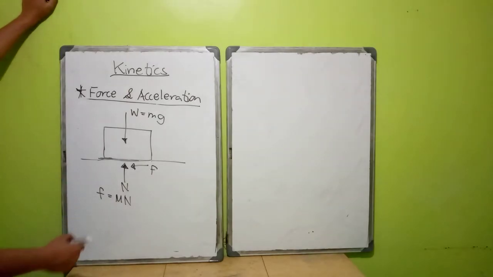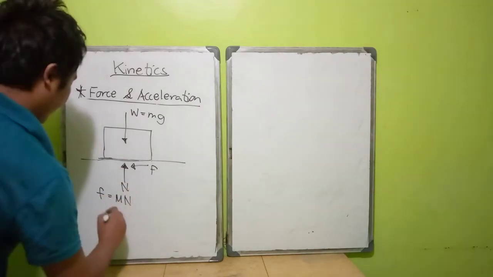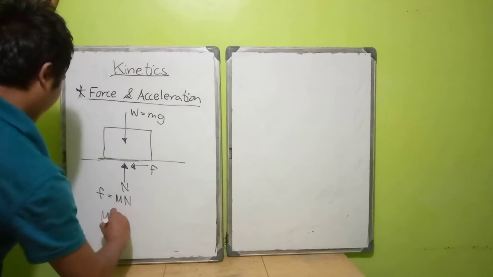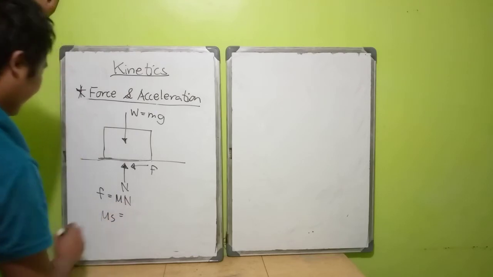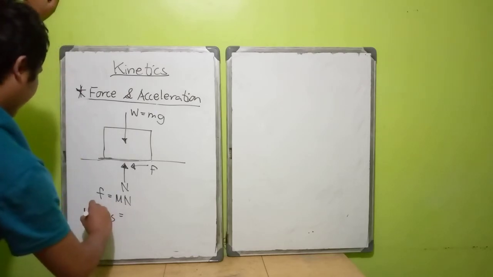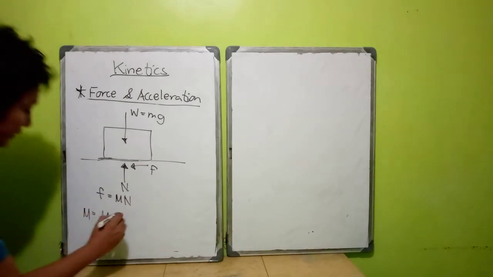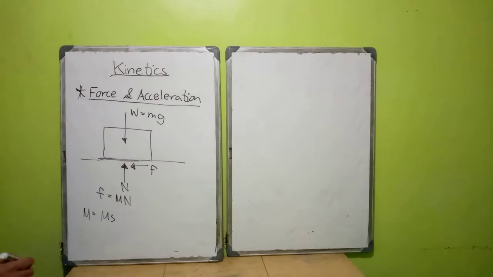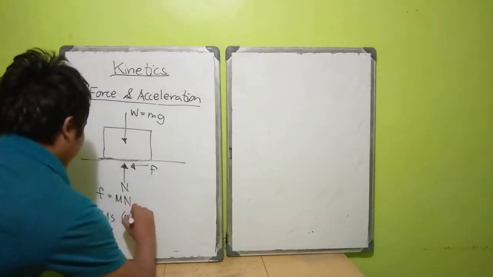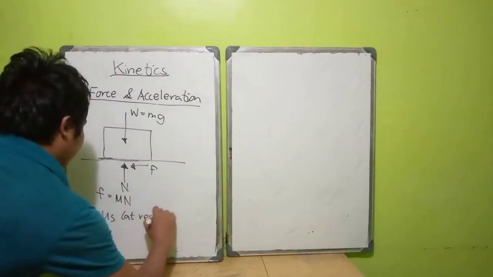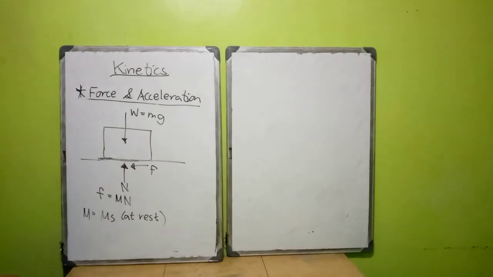And this mu could be mu s. The coefficient of friction is equal to mu s when at rest. So this is just a review of our first video.